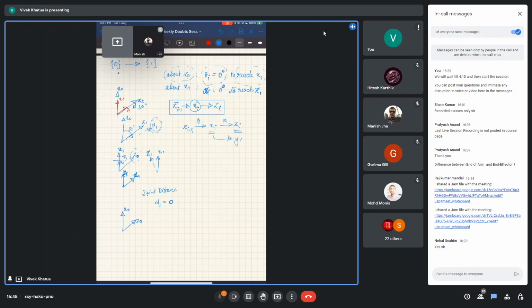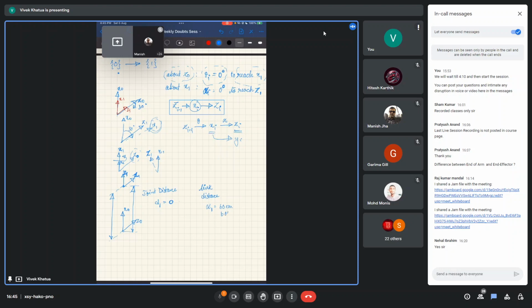Now let us take the link distance. Since my z axes are parallel, what I will do is draw a common normal, or like this also you can draw, and the distance between these two normals is nothing but my link distance, that is a1, which in this case is 60 centimeter.